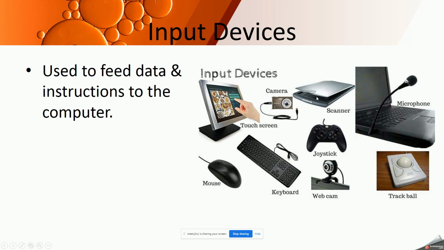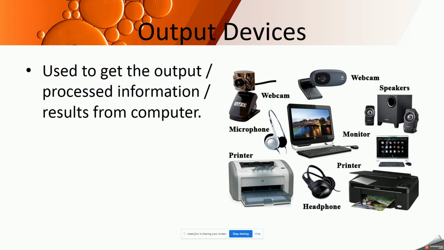And you can see scanner, a digital camera, touch screen, keyboard, mouse, webcam, joystick, trackball. These all are what? Input devices. So many different input devices are available in the market for our ease of use. Output devices, from where we get the results. Now webcam is an input device, my dear. It's not an output device.